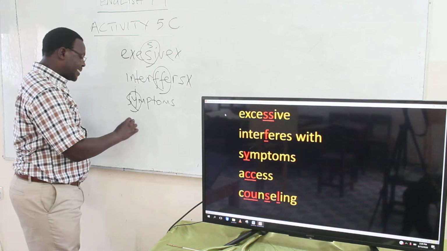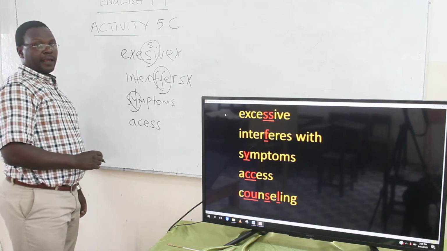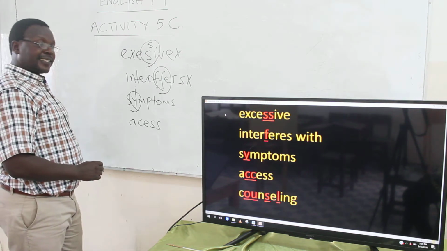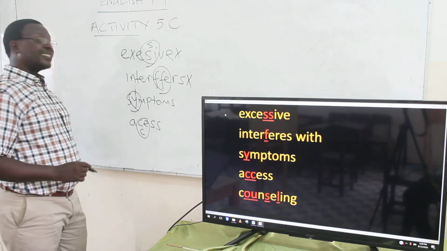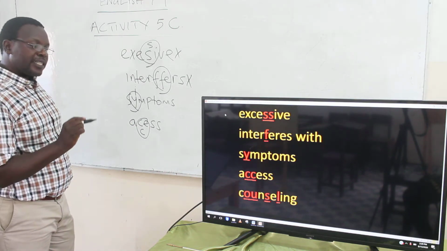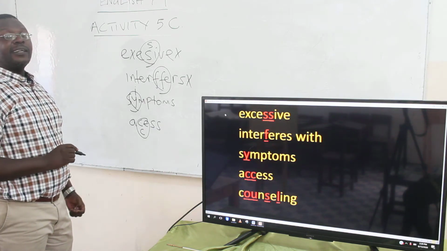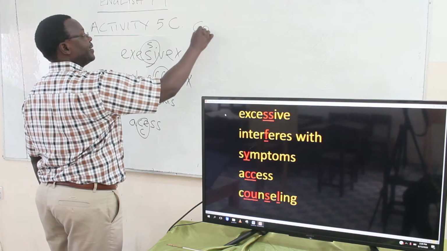The word access, understand that it is with a double C and not a single C. That section of the word is where we have the hotspot. Then the word cancelling.